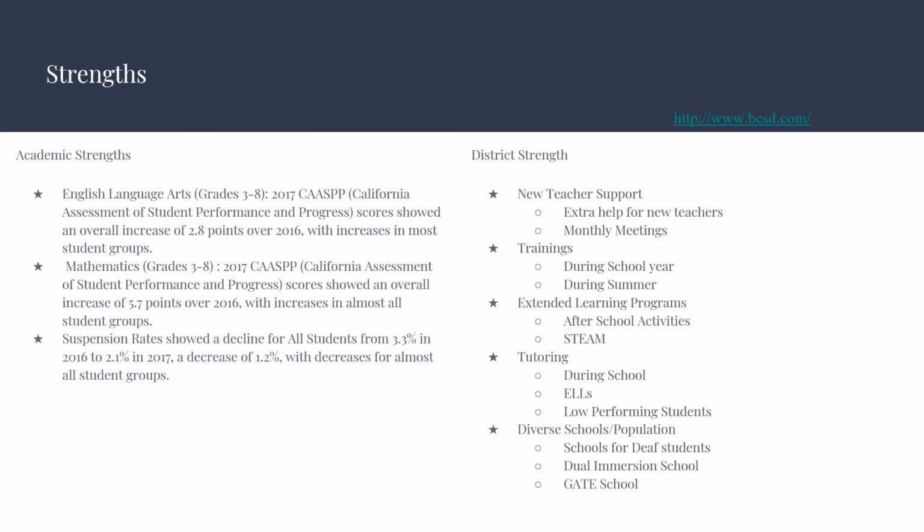They have after-school activities as well as STEAM activities. Tutoring is given for ELL students and low-performing students during school. And BCSD is one of the only districts in Bakersfield to have a school for deaf students. The district also offers dual immersion schools and GATE schools.